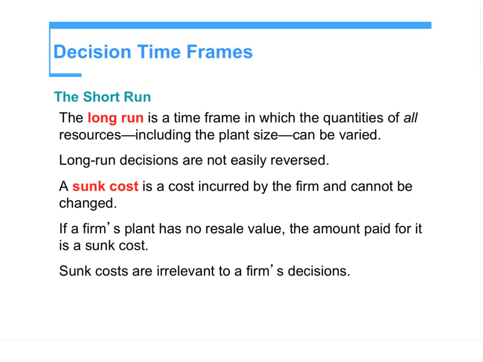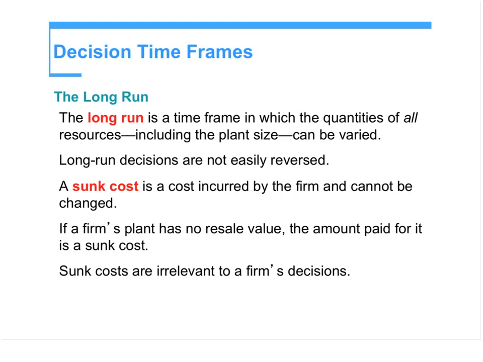How about the long run then? Long run is a time frame in which quantities of all resources, including the plant size, which is the capital, can be varied. So the capital of your business, what actually moves your company forward, that money actually changes.